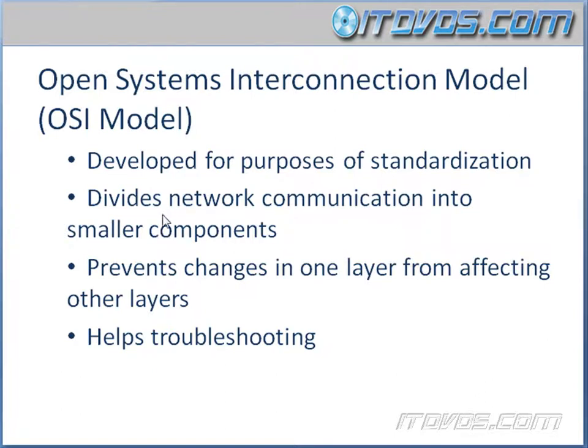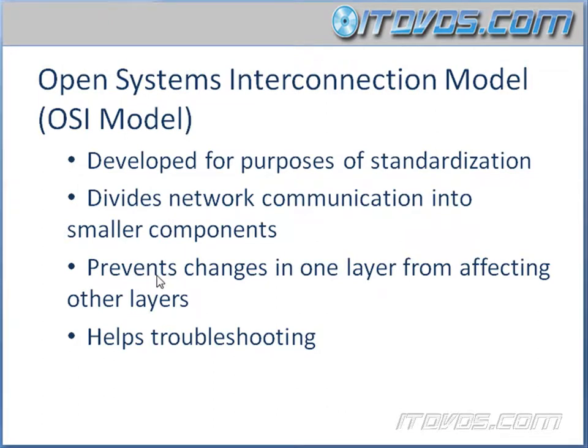Well, the OSI model did that with networking and networking protocols so that a protocol only had to handle a specific function. This is much easier than handling network communication end-to-end, just as it's much easier than handling all of the office functions like HR, accounting, and IT. So if you had to perform all the functions of those different departments, it would be very difficult. But performing the function of one department is easier.